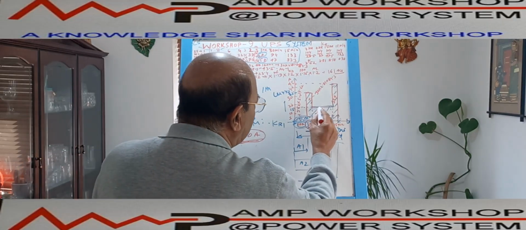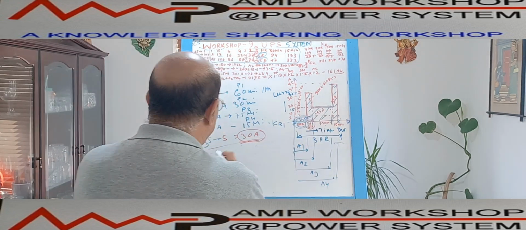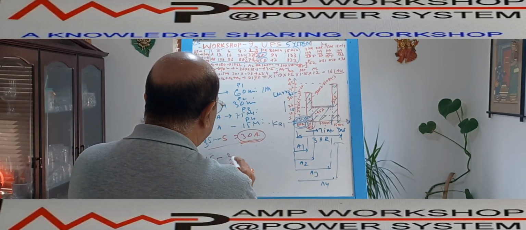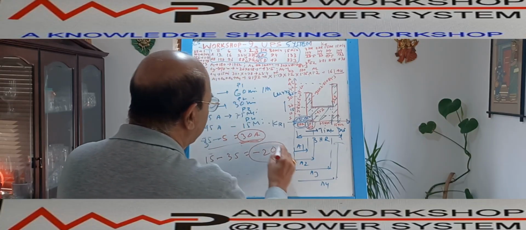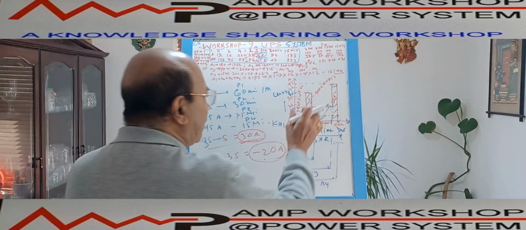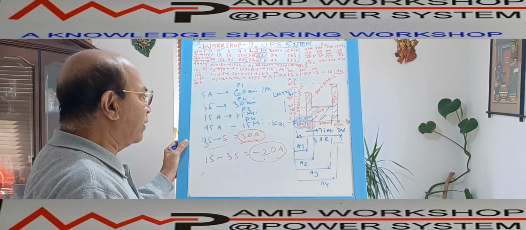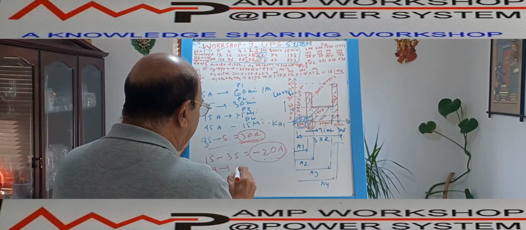Similarly, when we go to this part, how will I calculate the current at that point? What is the current? Current is 15 ampere, right? What is the previous current? The previous current was 35 ampere. So the current change is minus 20 ampere. So this 20 ampere current will be multiplied by the corresponding K factor to get the ampere hour. So when we get the new ampere hour for each area, how will I calculate?